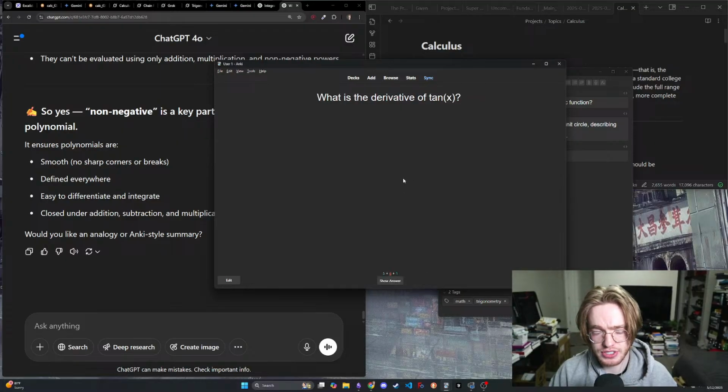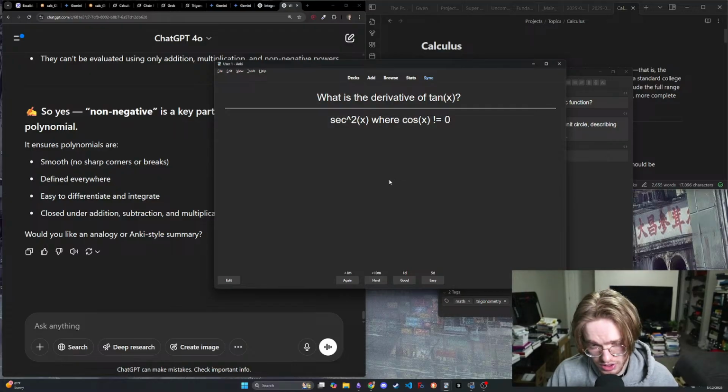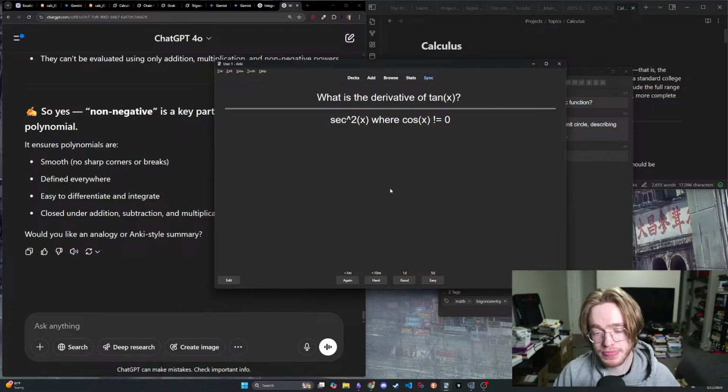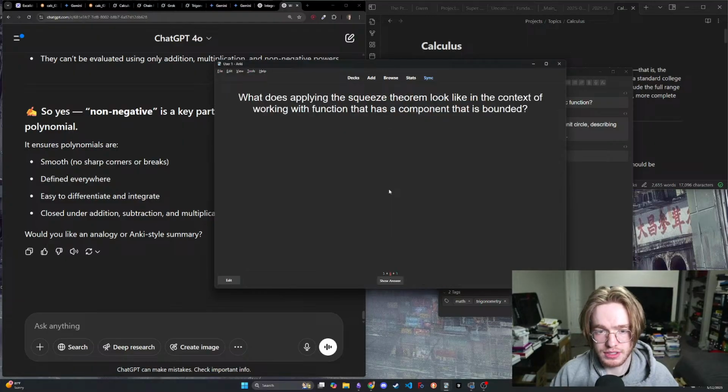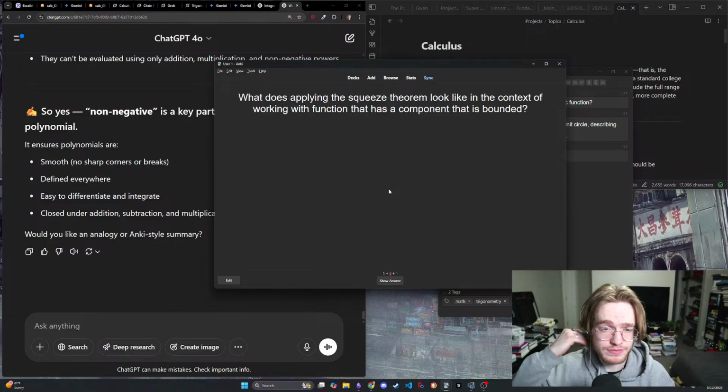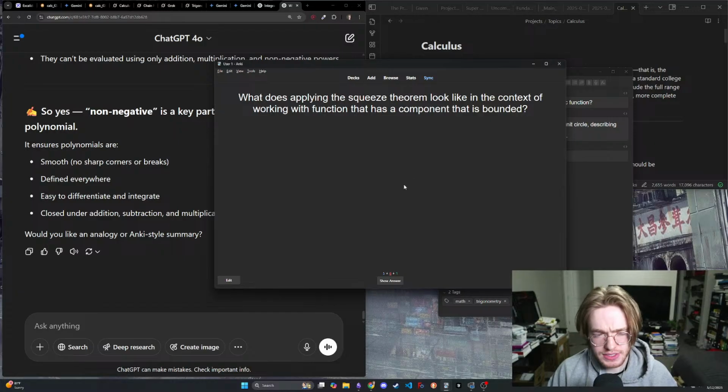Derivative of tangent of x is something like cosecant squared x and then some other stuff. Secant squared x, where cosine is not equal to 0. That one I think is going to be a little difficult to recall. Cosecant squared x. Okay. Yes.